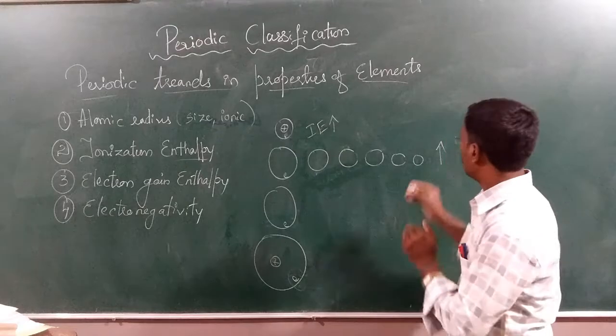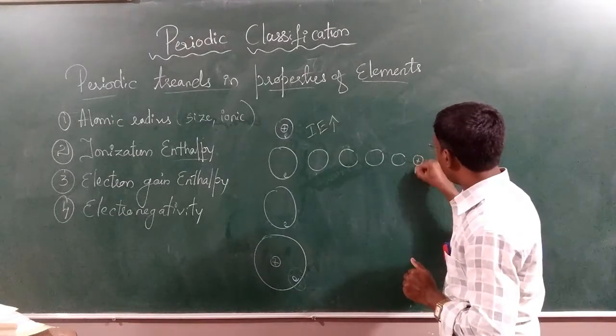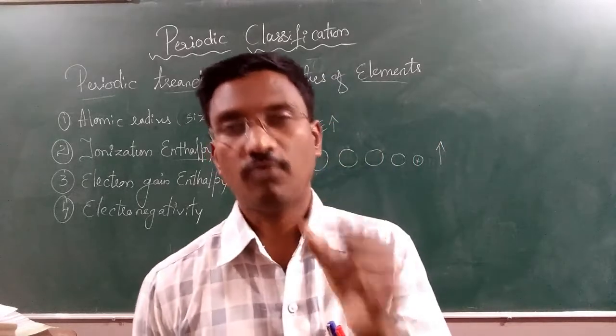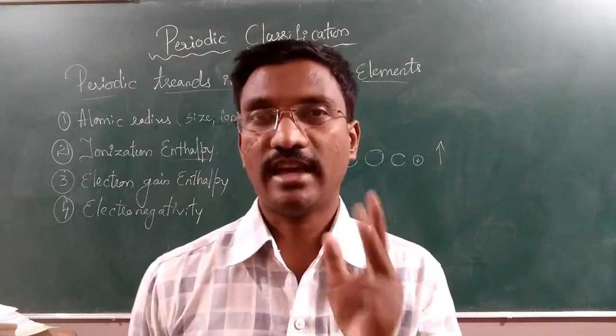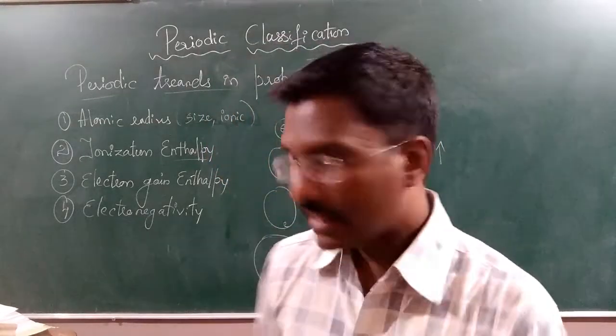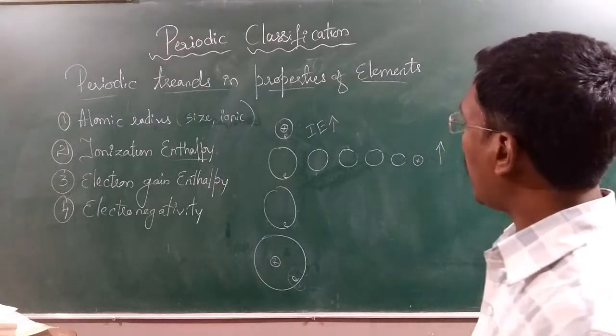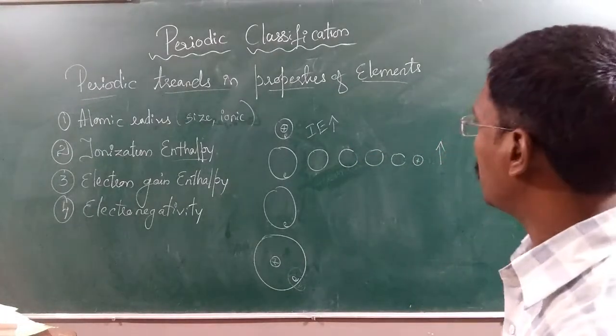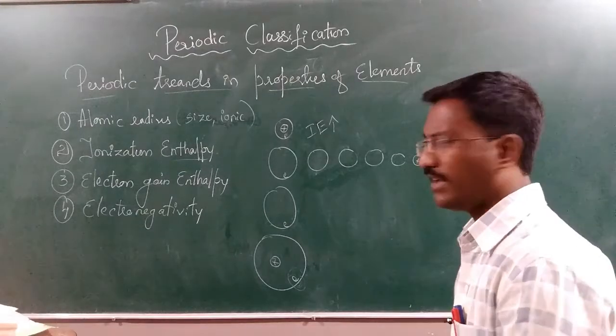So to remove the electron which is near to the nucleus, it needs greater energy. For that reason, the ionization enthalpy increases across the period and decreases down the group. Are you getting this point? So I hope you don't feel it is difficult.